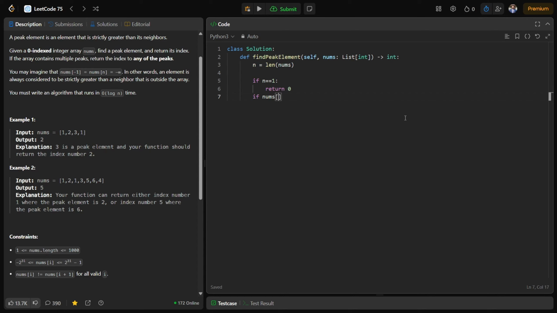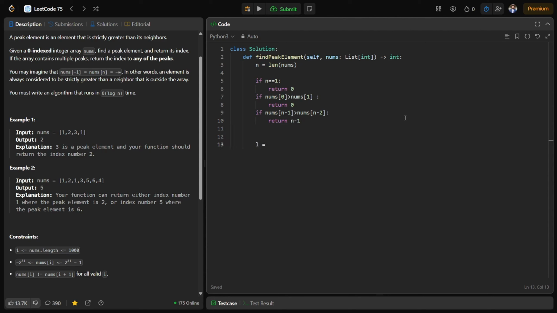If nums of 0 is greater than nums of 1, we return 0. If nums of n minus 1 is greater than nums of n minus 2, we return n minus 1. These are the edge cases.